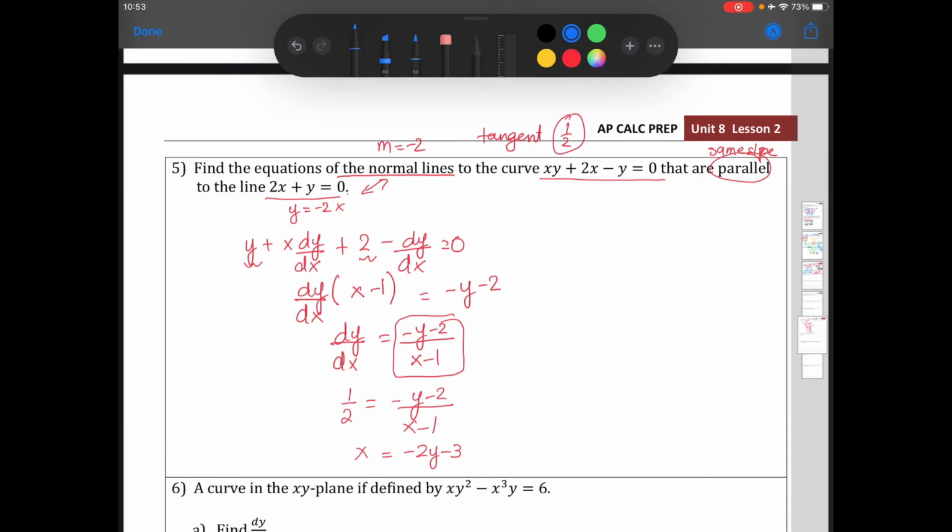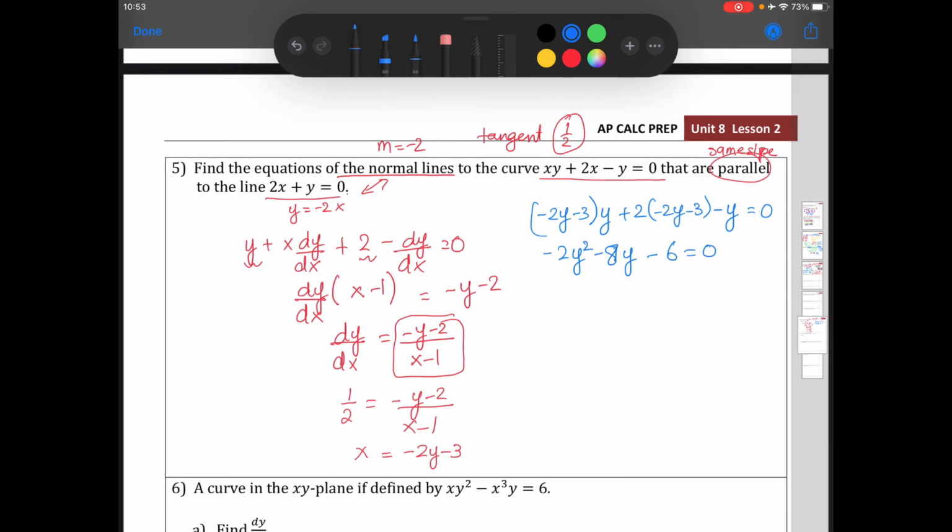So now I'm going to put that into the equation. So it'll be (negative 2y minus 3)y plus 2 times (negative 2y minus 3) minus y equal to 0. If I simplify all this, what do I get? I get negative 2y squared minus 8y minus 6 equal to 0.